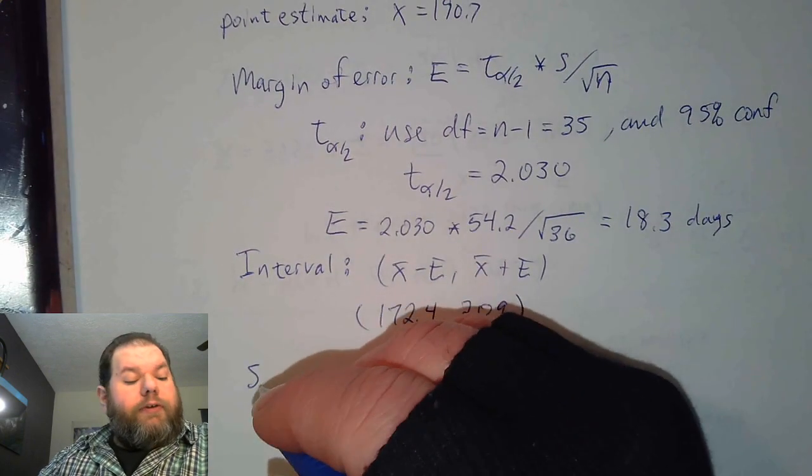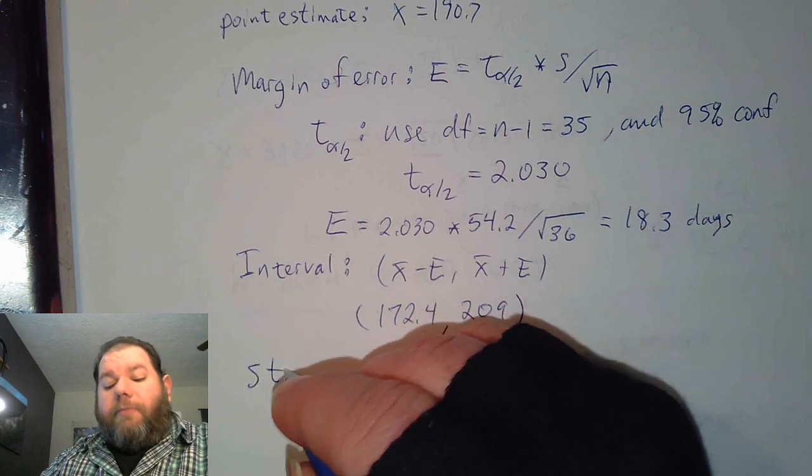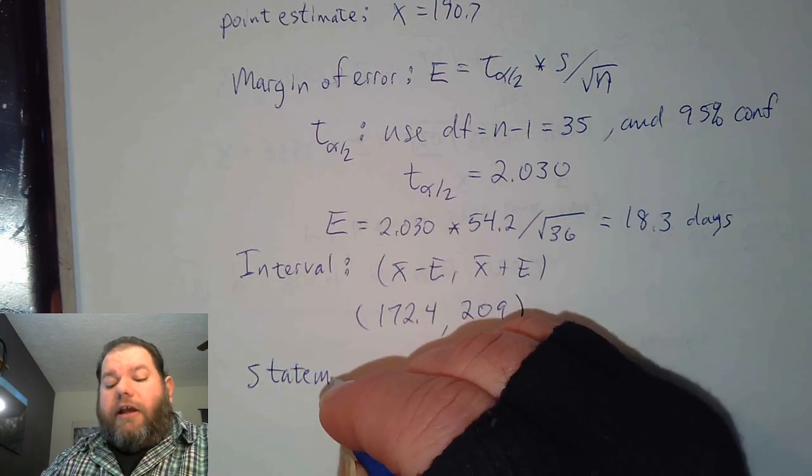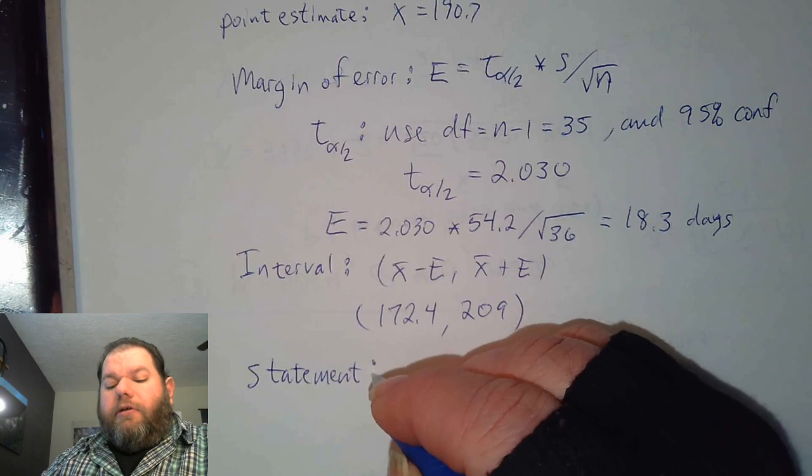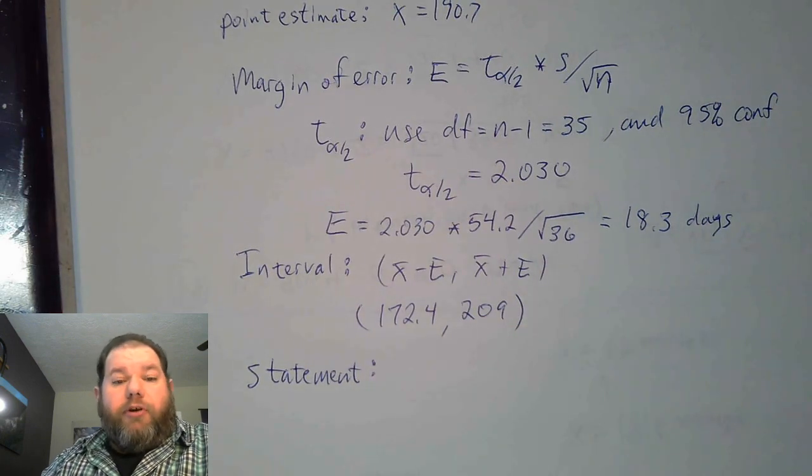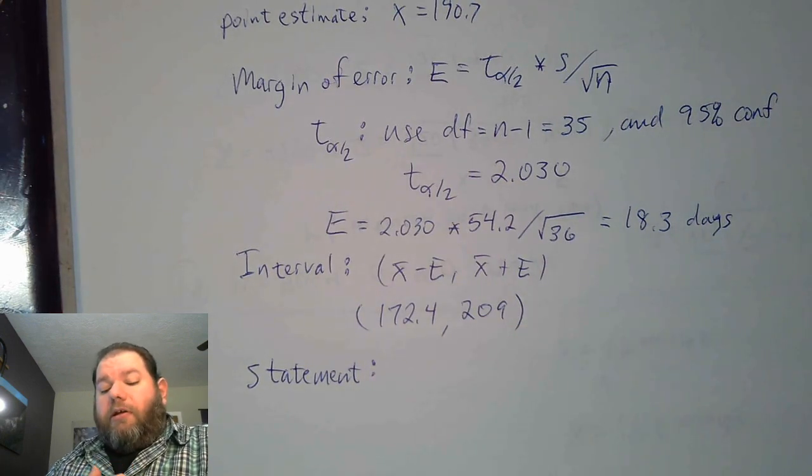And for our statement, it may or may not ask us for a statement, kind of like how I did on our test, where I made it a separate question from the problem.